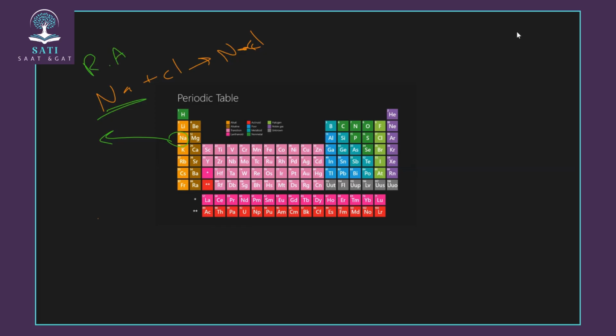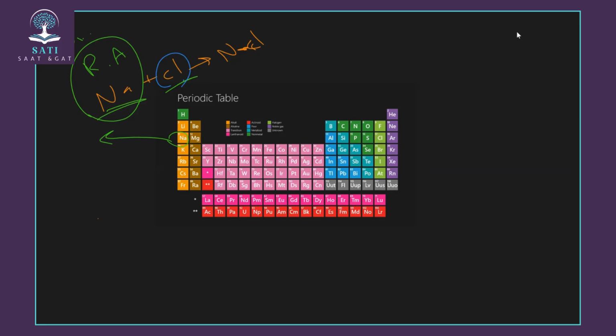That means reducing agents in reactions lose electrons, and the process that happened to them is oxidation. Chlorine, on the other hand, gains electrons, so it is the oxidizing agent, and the process that happened to it is reduction.